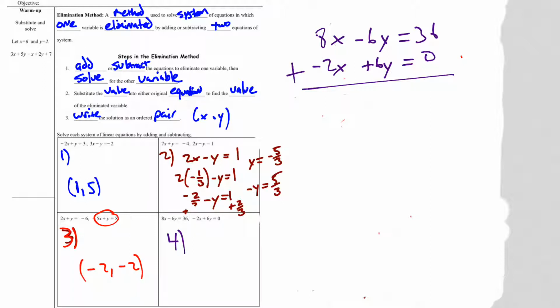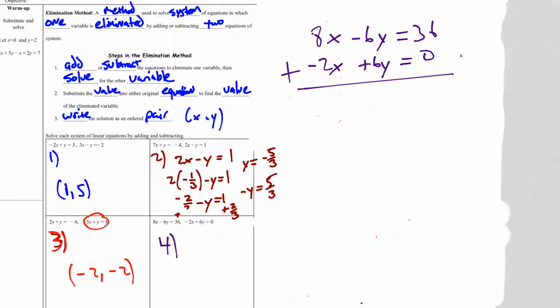I can eliminate the y variables simply by adding the two linear equations together. 8 minus 2, 6x. And then the y terms cancel. 6x is equal to 36. Divide both sides by 6, x is equal to 6.